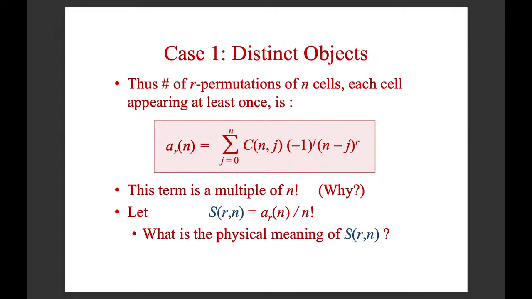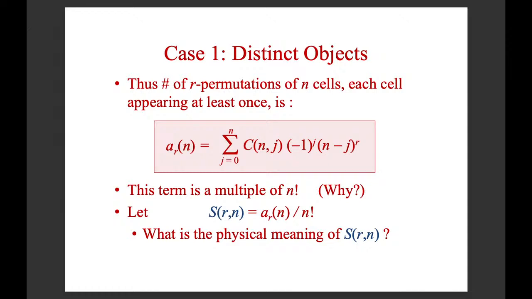So we can group the distribution of items according to how they distribute, forgetting about the labels, together in the same group, so that in each group there are exactly n factorial of them.